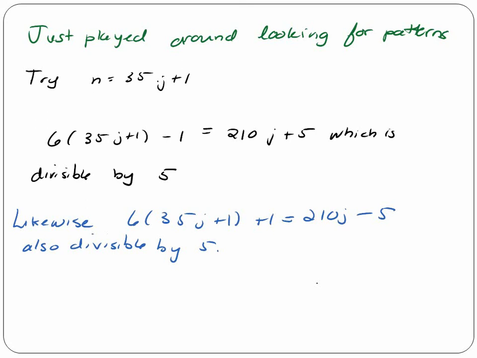So I went backwards and said I wanted my answer to be divisible by 5, and I tried to create a beast that made it divisible by 5, and guessed and tested until I got this. Once you see it, it looks simple, but I had a lot of scratch paper when I was playing around with it. It wasn't the first try. I just played around with numbers until I got it.